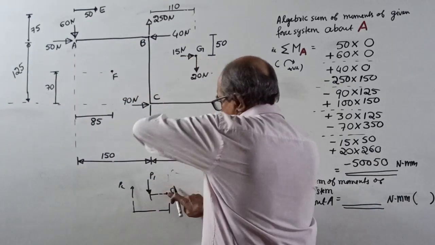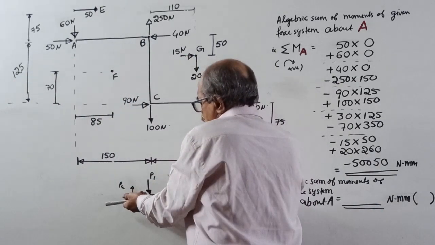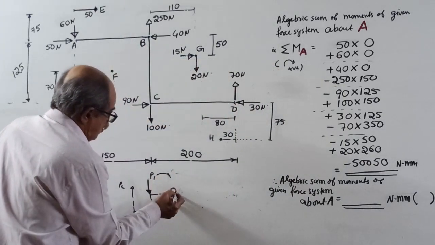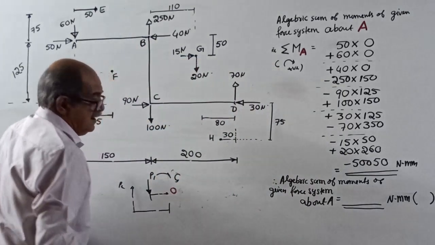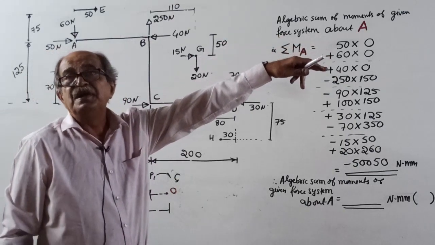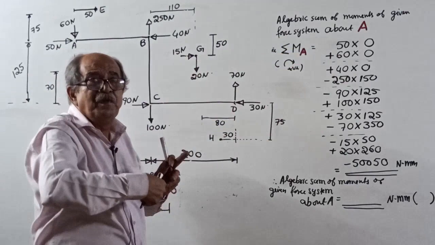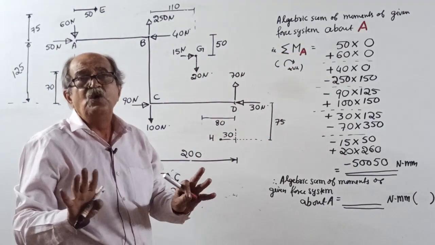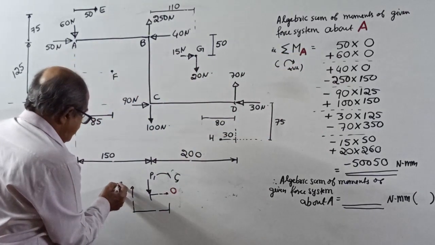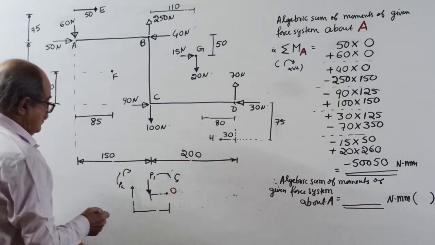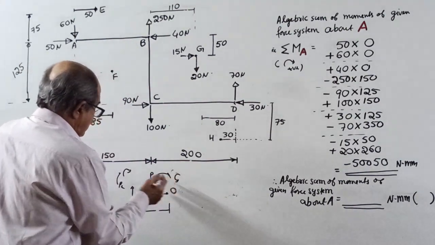Due to P1, it will be anti-clockwise. Due to P2, it will be clockwise. So P1 about O will produce anti-clockwise. A downward force a little earlier created a clockwise moment, so don't memorize downward or upward. Here P1 will create anti-clockwise, P2 clockwise.